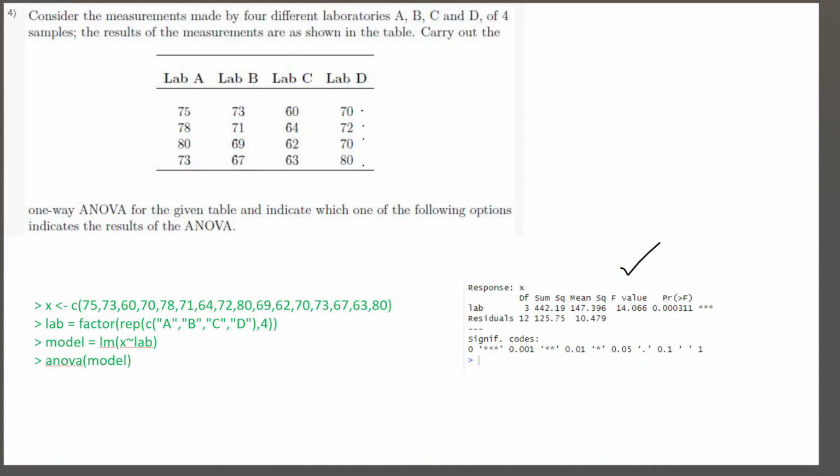So let's look at an example. For example, we can take the fourth question.